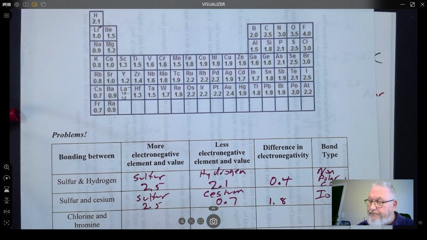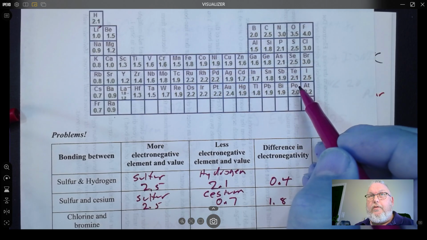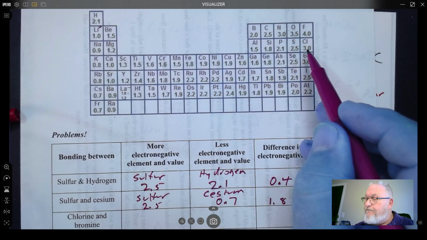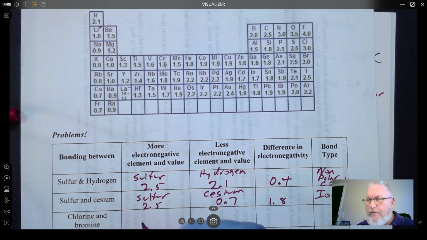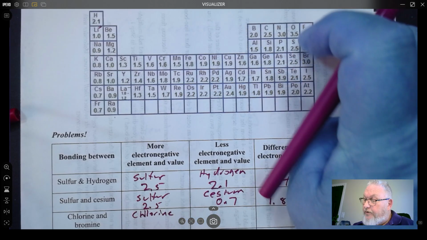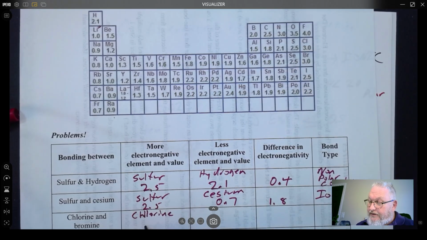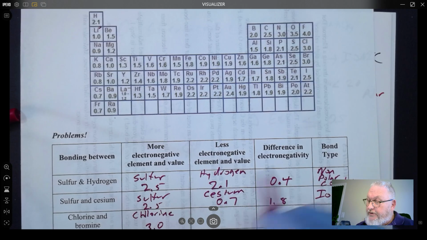Let's do one last one. Chlorine and bromine. Chlorine is right there. Bromine is right there. Which one's more electronegative? Well, they're the same. Just for fun, I'm going to say chlorine is, and my argument for that is that it's closer to fluorine than bromine. But they're pretty much equal. So it's 3.0. Bromine is 3.0.